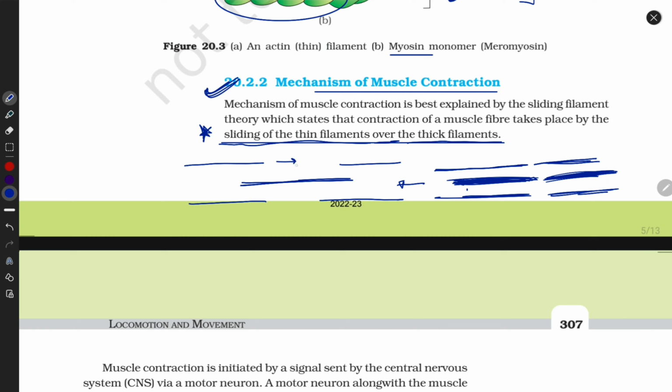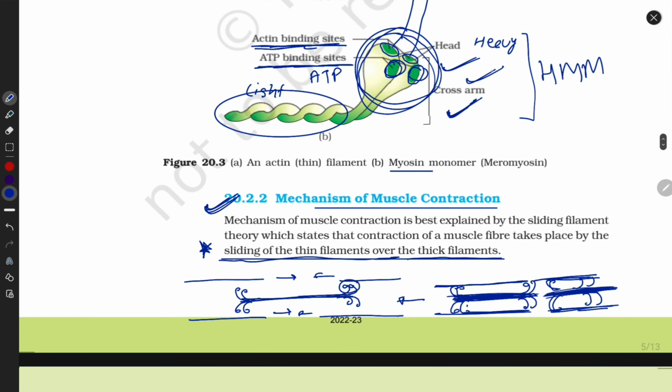If the muscle contracts, they also contract. Here is the head of myosin. It supports sliding. When the muscle contracts, the heads attach with actin. And when the muscle is relaxed, these are the head parts.